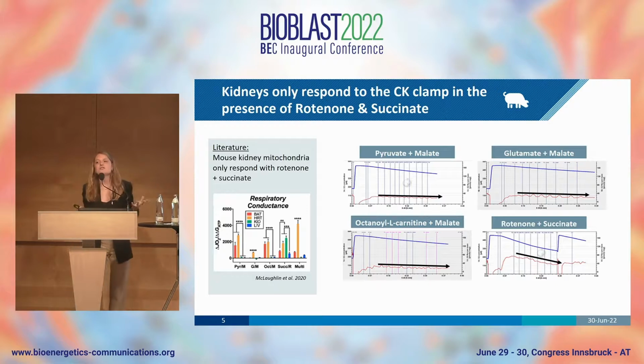So this is quite interesting. Why does the kidney seem to prefer this combination of rotenone and succinate, and thus complex 2-driven ATP synthesis rather than complex 1-driven ATP synthesis? Moreover, the respiration rates were also a lot higher in these conditions. And we don't know.